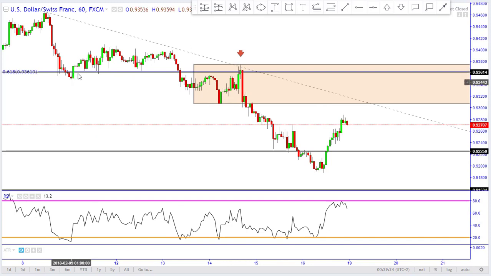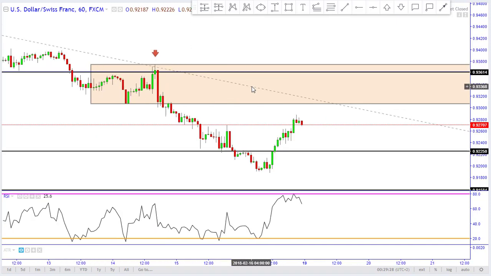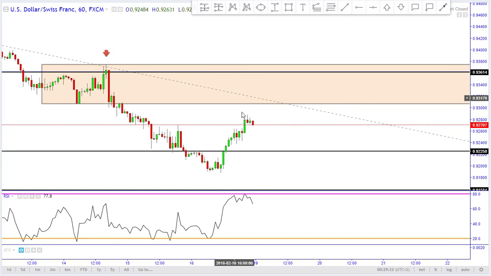And again, previous support became our future resistance, but our zone is pretty big. If I would enter to these levels of structure, I would have a risk to reward that's not quite favorable to me. So I'll be looking for a much deeper pullback into these resistance levels of structure.